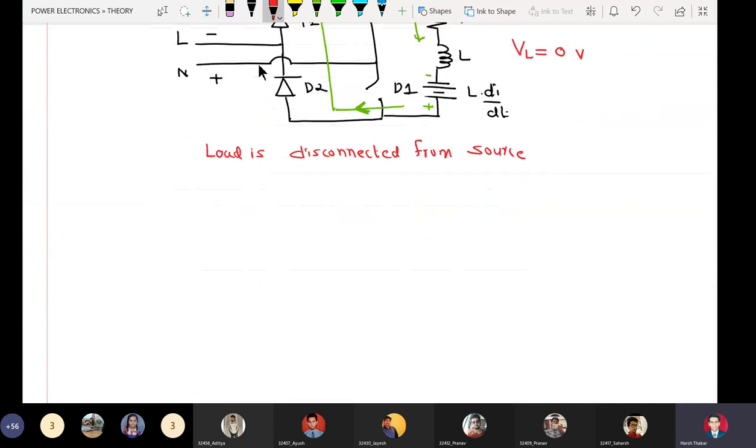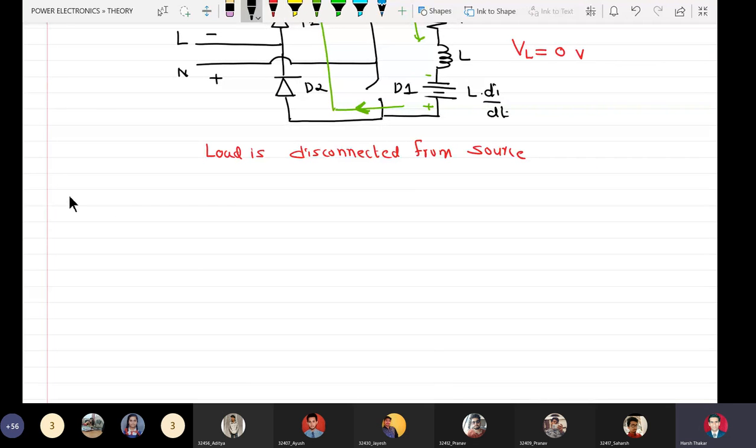Case number 4. Omega t greater than pi plus alpha radians.